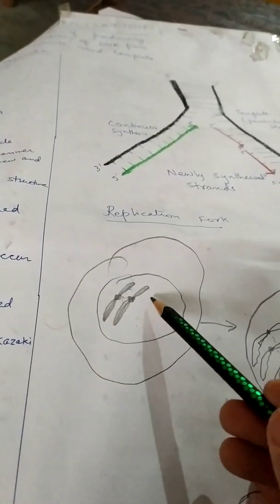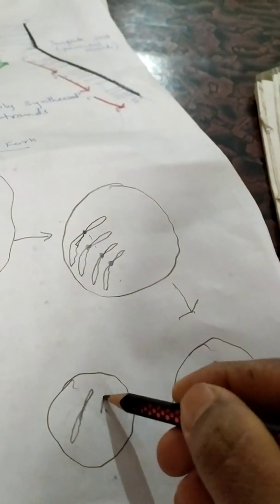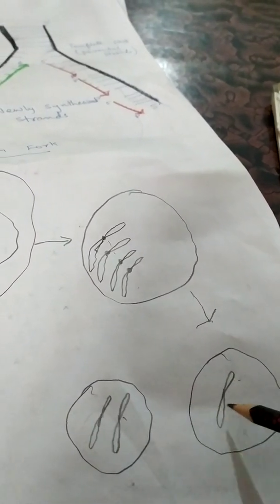Similarly, this chromosome is divided into 2, and they will also go to the respective cell in this way.